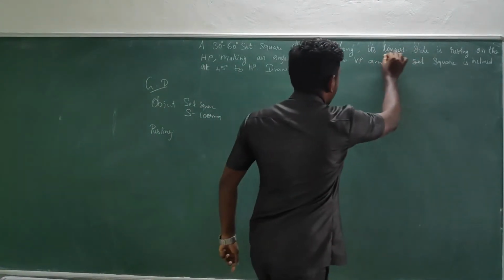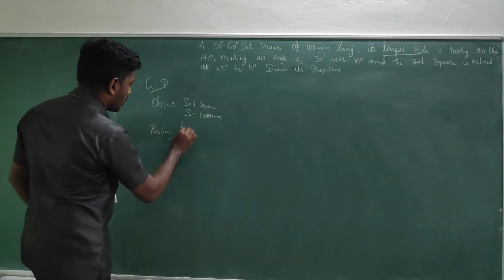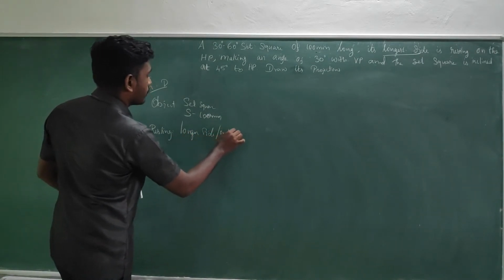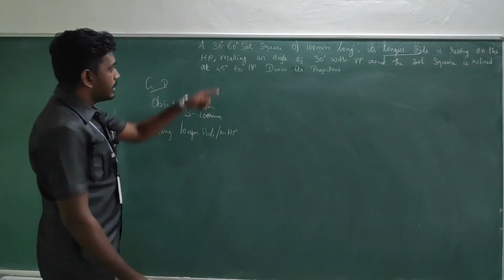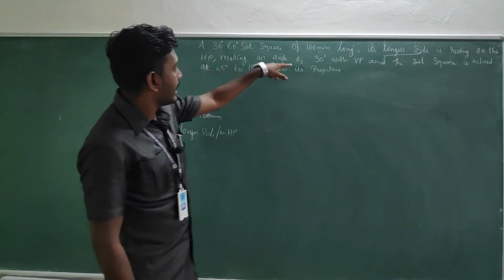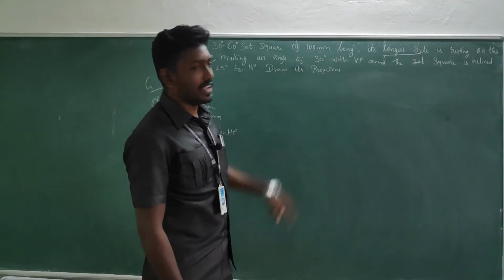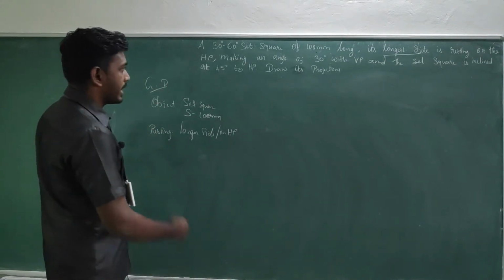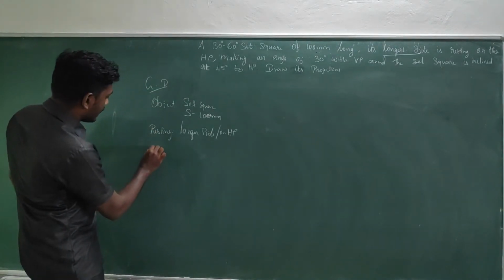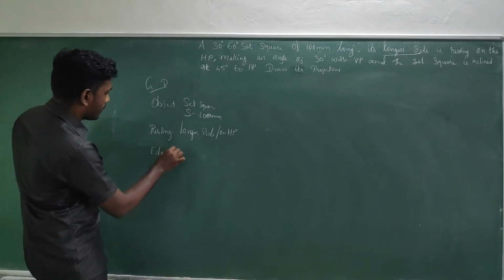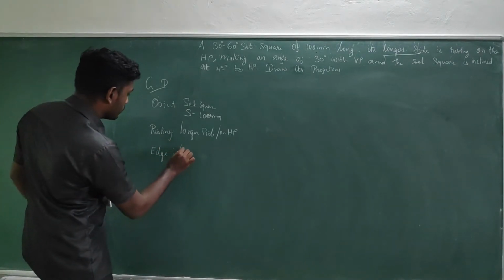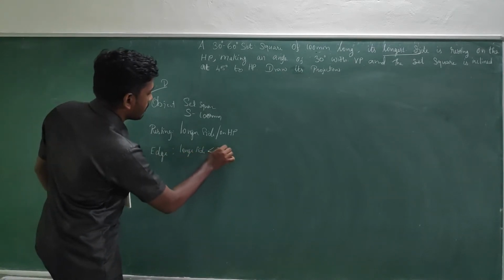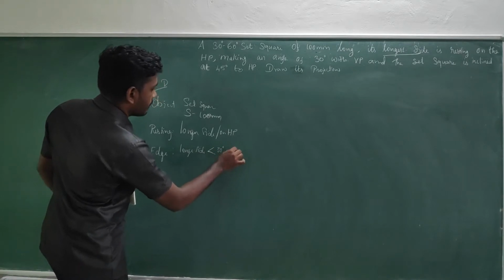Longer side is resting on HP, and it's making an angle of 30 degree with VP. That means the longest side which is resting on HP is making an angle. So edge inclination, here comes the longer side is making an inclination 30 degree to VP.